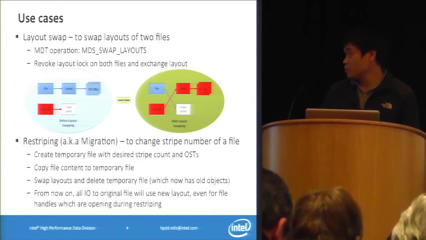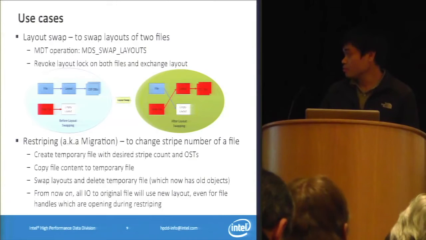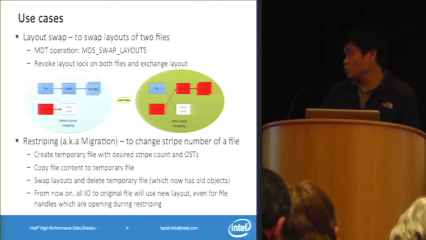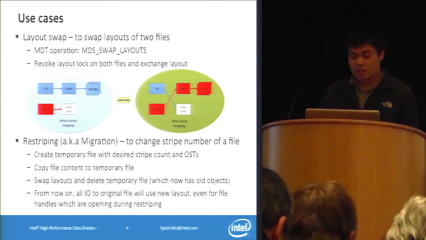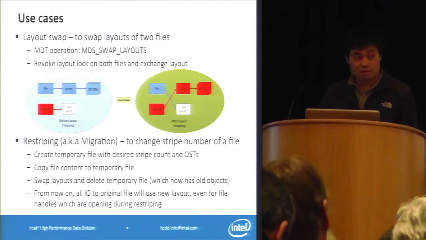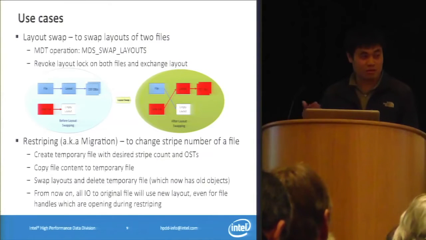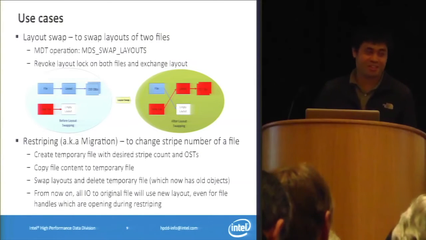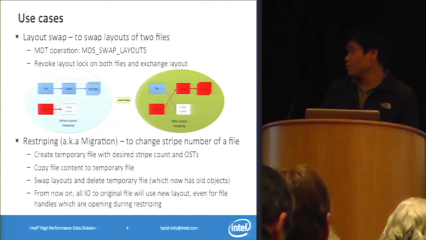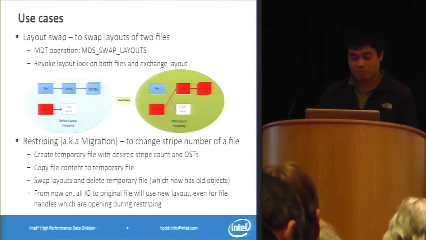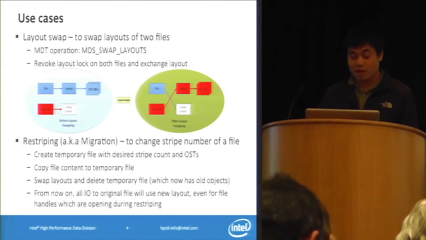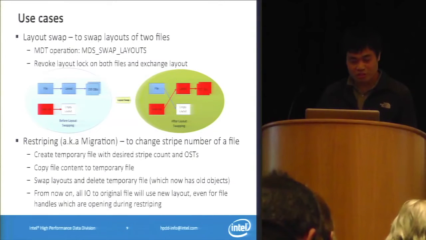The picture on the right is the file state after the layout change. As you can see, the blue file has an empty layout, and the red file will take over the layout and the OST objects.